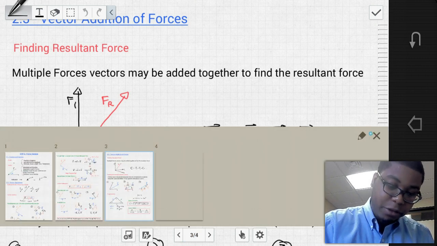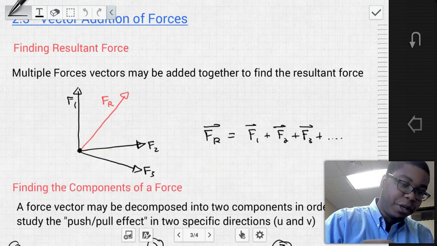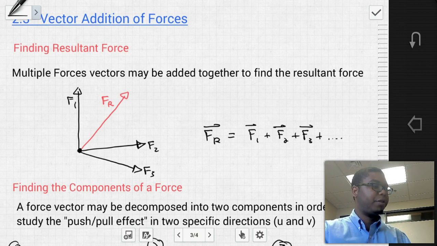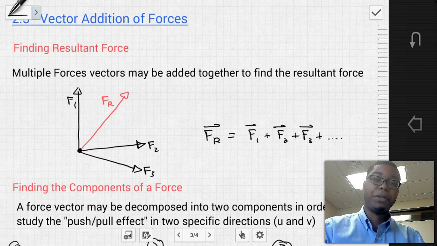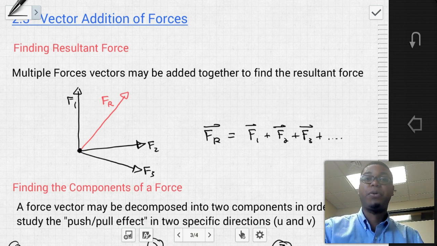So now let's move on to the next section, which is 2.3, vector addition of forces. Finding a resultant force: multiple force vectors may be added together to find the resultant force.